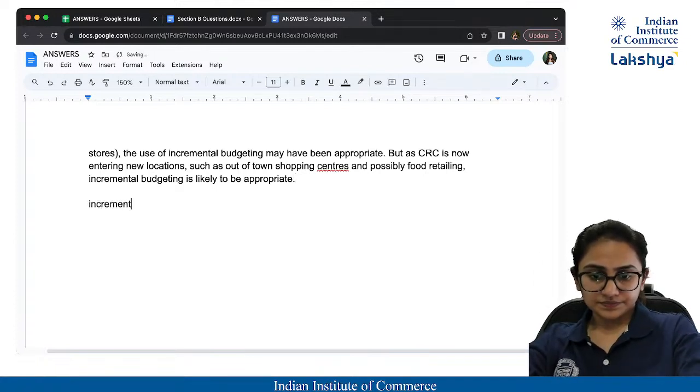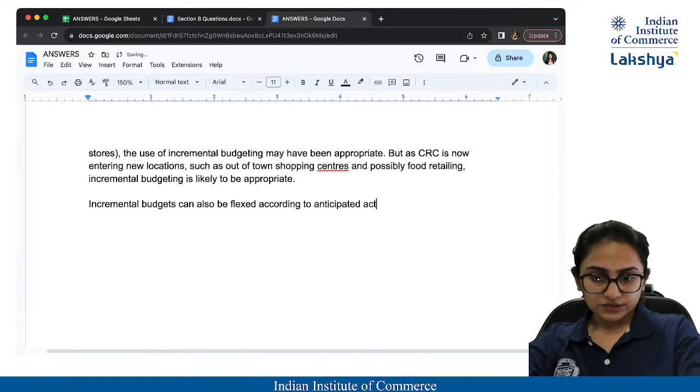Incremental budgets can also be flexed according to anticipated activity levels.